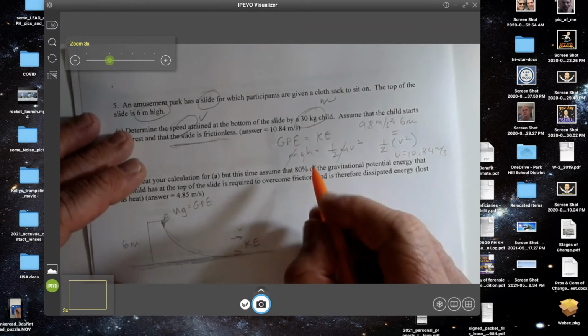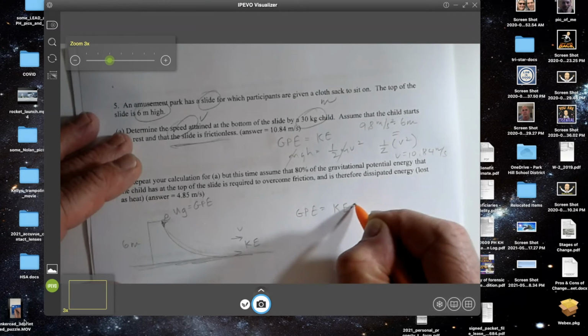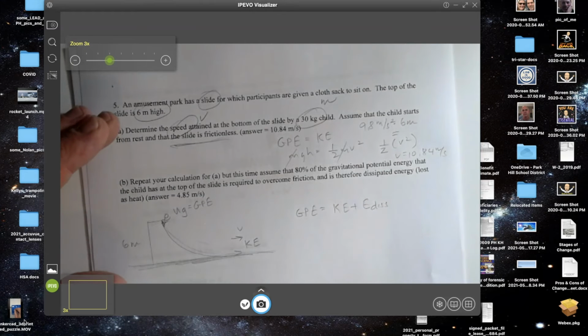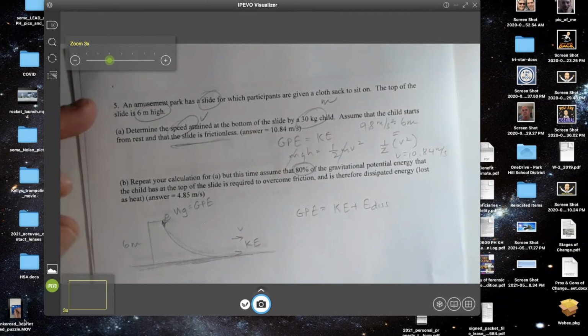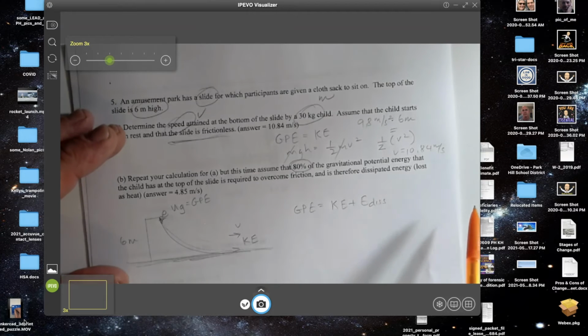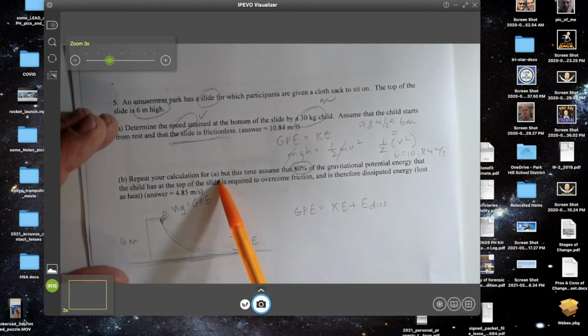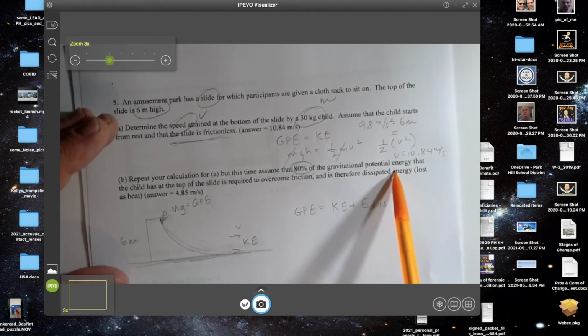So we could say that GPE really is equal to KE plus any dissipated energy. In this case, we're assuming that 80% of the GPE that the child had at the top is required to overcome friction and is therefore dissipative energy.